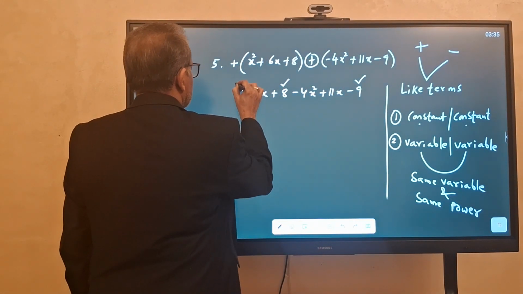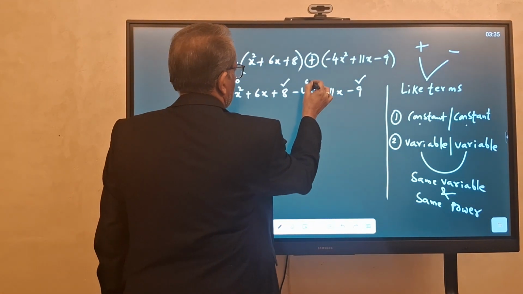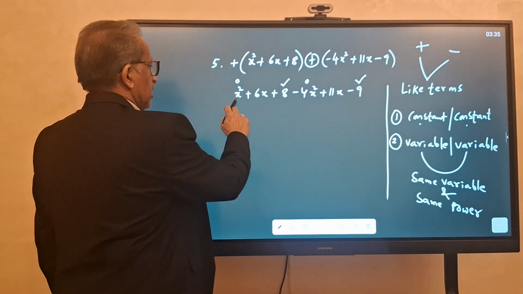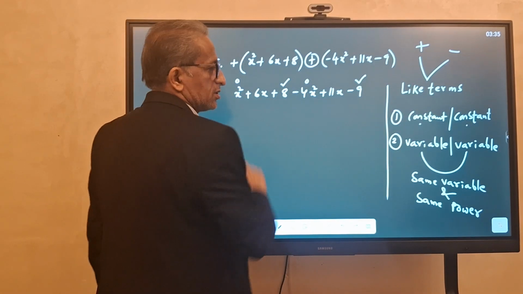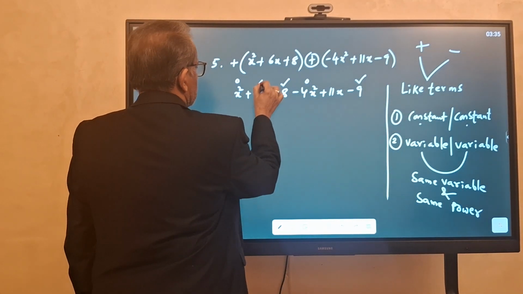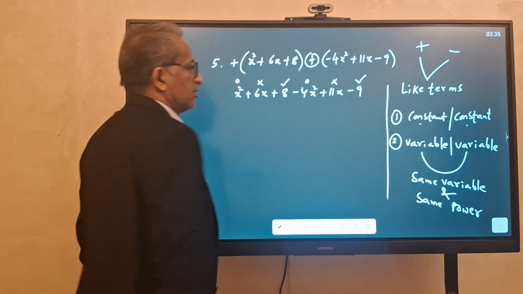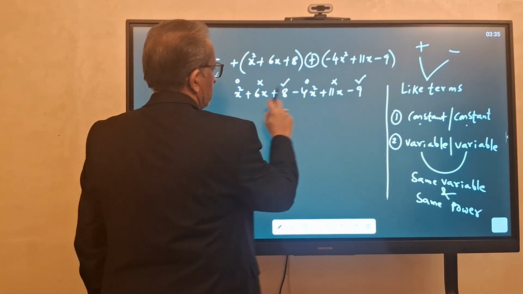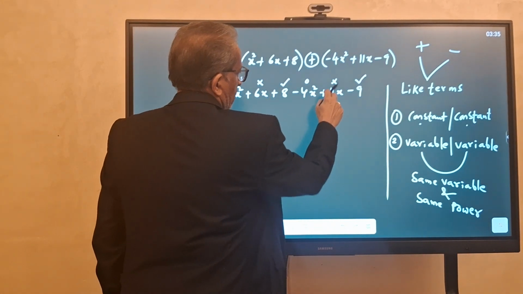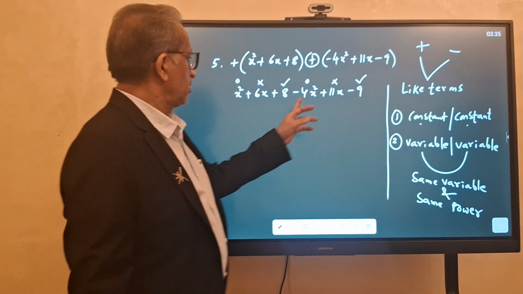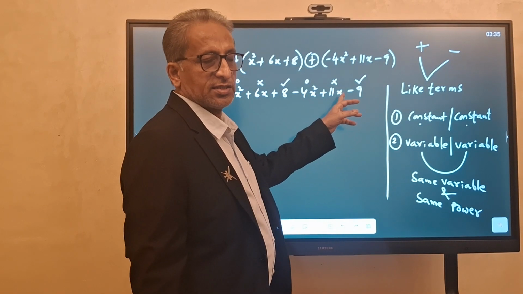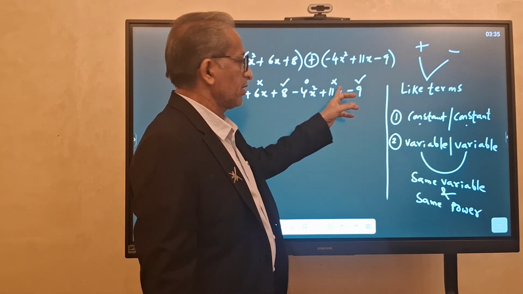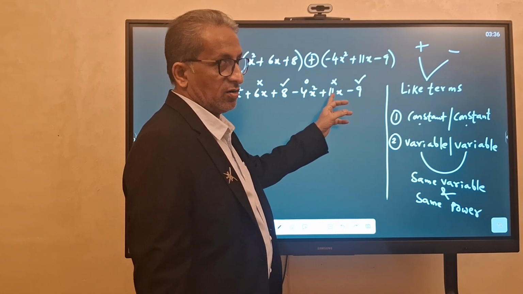For example, see this, x square and minus 4x square are same. So here variable x power 2, same variable. 6x and 11x are the same like terms because x, right? And then power of x is 1, power of x is 1. So is 4x square and 11x the same like term? No, because same variable but the powers are different.